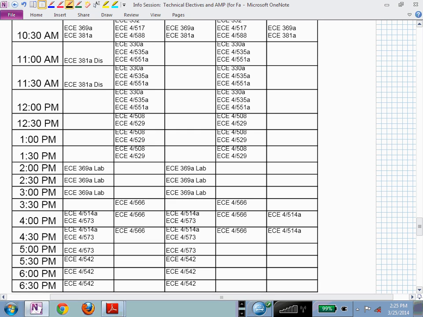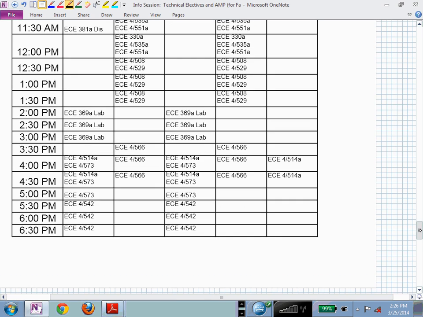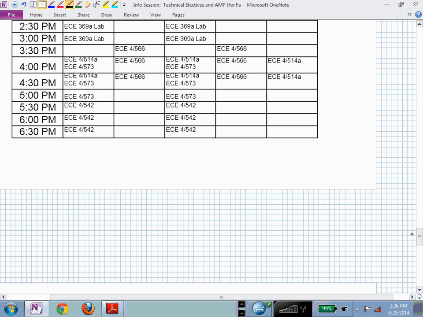Yes? Is there a way of getting access to this file? Yes, so I'm going to try to post this file on my website. So if you go to, well, let me see. Can I write it down? And now if you don't write this down, you won't know where it is because you can't find it.